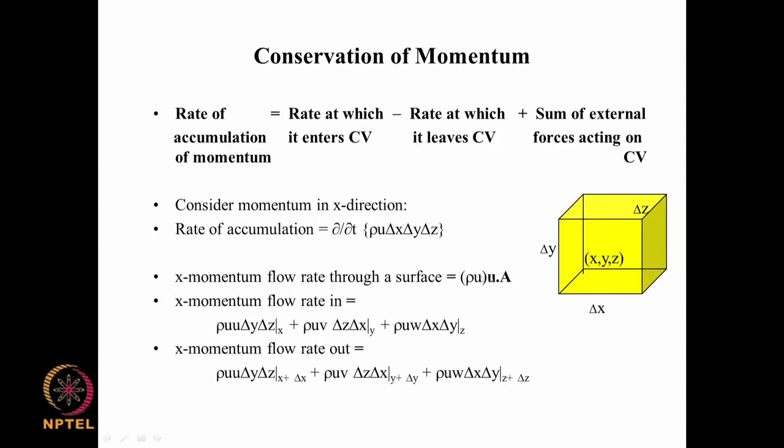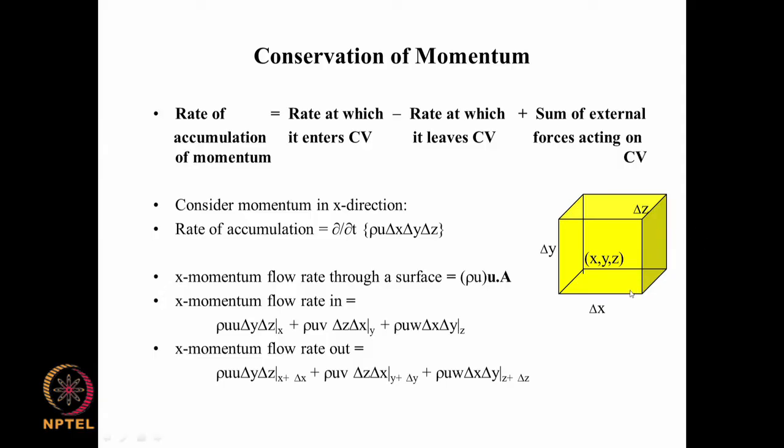Similarly, at the right face where it is leaving the control volume, rho u times u dot A, the flow rate through this particular face times the velocity at that face, constitutes the amount of momentum in the x direction that the fluid particles are taking away.